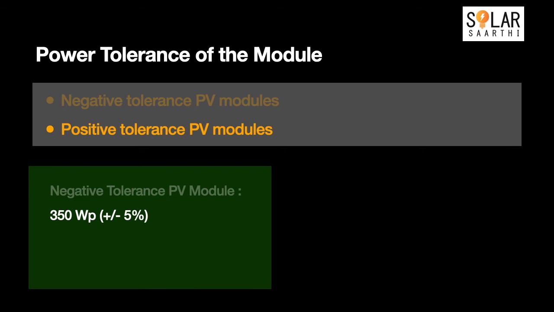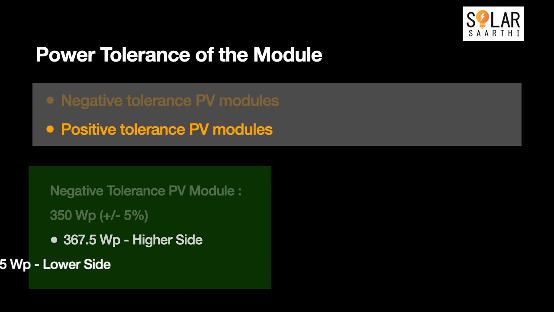Now in this scenario, a plus 5% power tolerance leads to a power rating of 367.5 watt peak, that is on the higher side, and a minus 5% power tolerance, that is a negative power tolerance, will lead to a power rating of 332.5 watt peak, that is on the lower side.